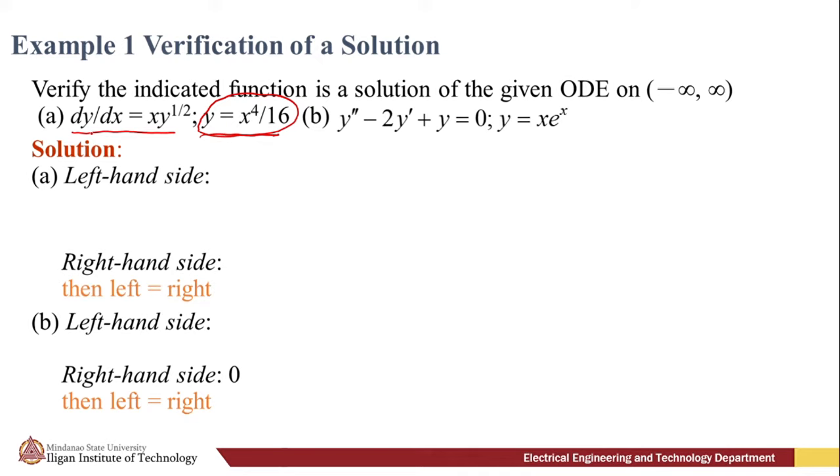So based on our differential equation, we need dy over dx. So paano natin ito hahanapin? Saan natin kukunin ang dy over dx? Dito natin kukunin sa ating function na y equals x to the 4 over 16. So we have dy over dx equals d over dx of x to the 4 over 16.